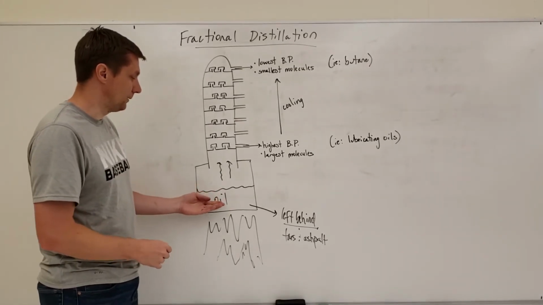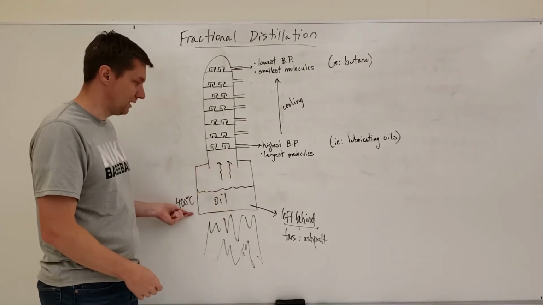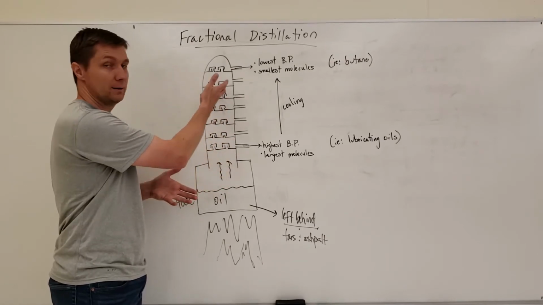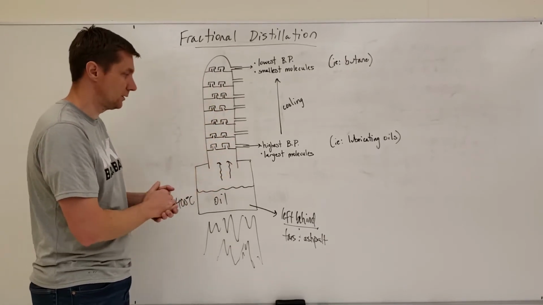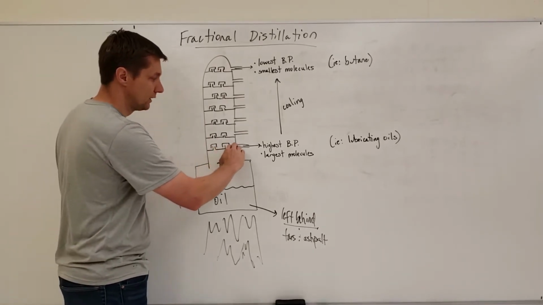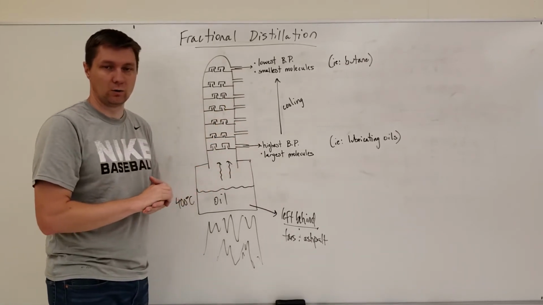And so as these substances boil out at this really high temperature, we allow the vapors of that crude oil to climb the tower. They're all going to have different boiling points, so what we know is how high up the tower each of these substances is going to condense.